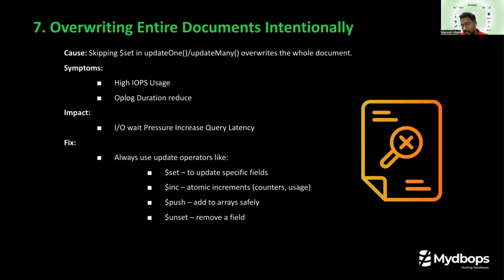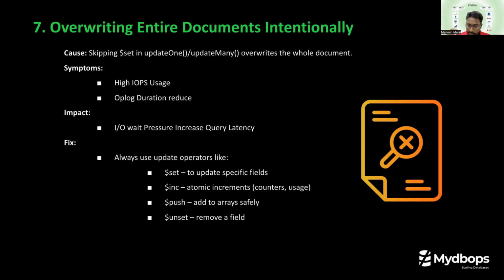Overriding the entire document intentionally. I'm not sure how many people from the MongoDB DBA world come across this one. We always find this with all consulting clients during the audit assessment.